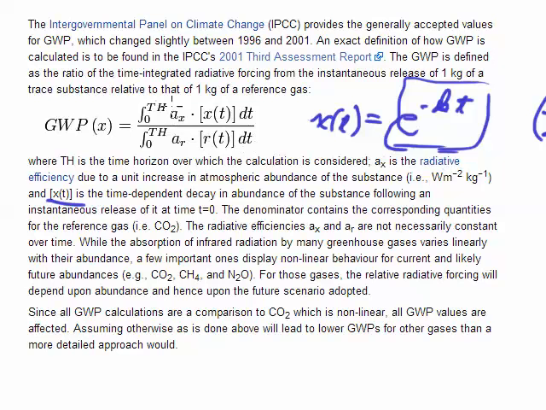So here we go. This is linear, or we're assuming that the radiative efficiency is a constant, completely proportional to the atmospheric abundance of the substance in the atmosphere. So this would be a good question.